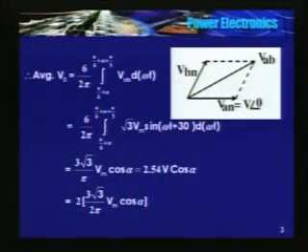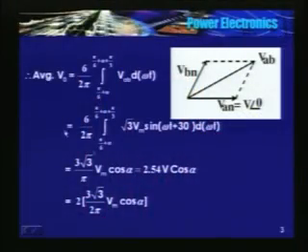Now, what is the expression for the average value of the output voltage? There are 6 pulses per cycle, each pulse of 60-degree duration. Alpha is measured with respect to the point of natural commutation. So I need to integrate from pi by 6 plus alpha to pi by 2 plus alpha.